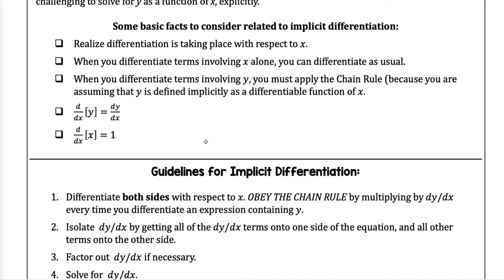So derivatives are going to work the same no matter what variable we're working on. And if it's an x, we treat it like regular. Like derivative of x is 1. If it's not an x, like say a y, when you're at the stage where you have to find the derivative of y, we're not going to be able to say it's 1. We're just going to refer to it as y prime.